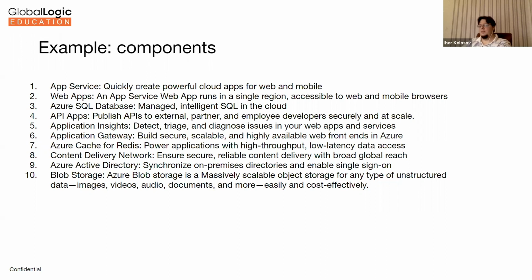Probably your developers will perform some instrumentation of the code, which will allow you to trace some atomic transactions which will flow through your system. We have application gateway, cache for Redis, content delivery network, and Azure Active Directory, as well as blob storage.